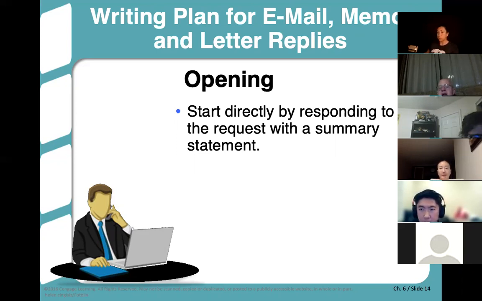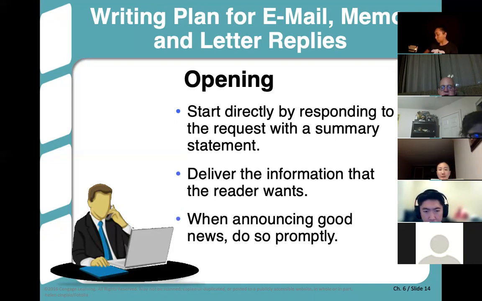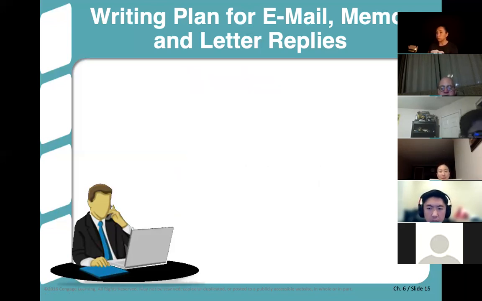If you're writing back, let's say to Patrick, this time we're Caitlin, responding to Patrick with a summary statement. You'll deliver the information that Patrick's looking for. And if you've got good news to share to the person who wrote you the original communication, put that up front in your opening. We'll look at an example in a minute.